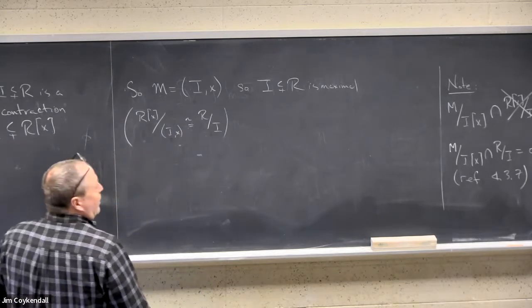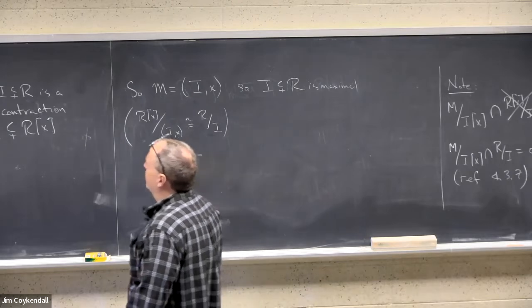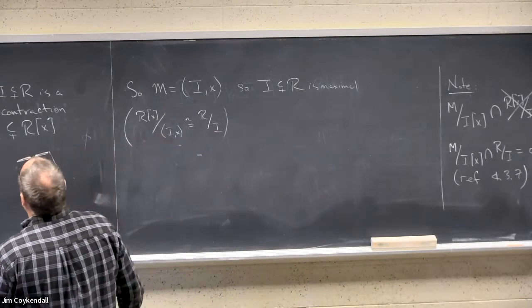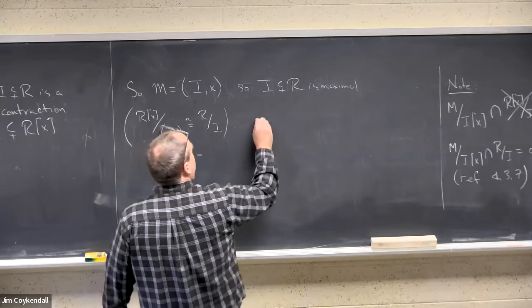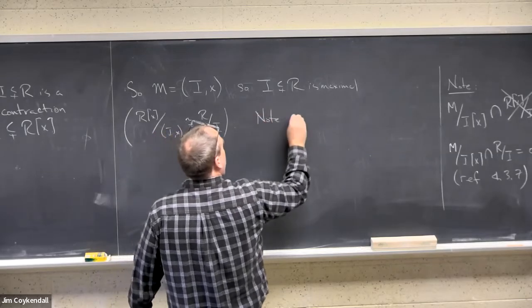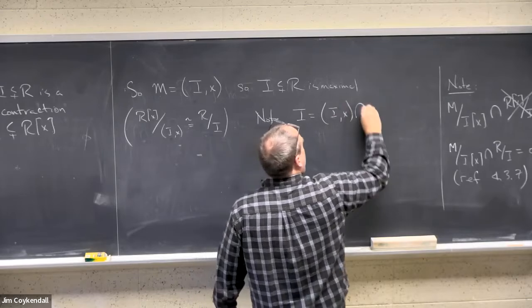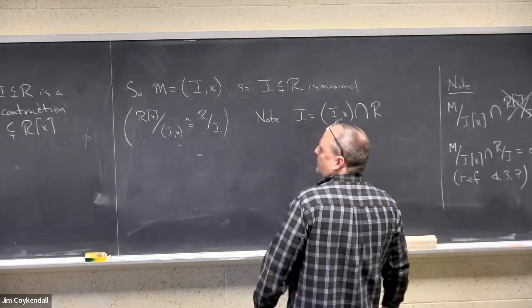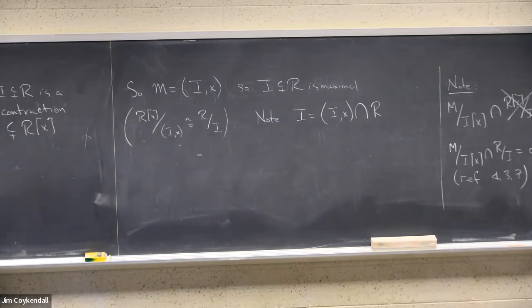And so where are we? So now what we have is I is maximal. Right, and of course, and there you go. So we get this statement that we're going for right here.